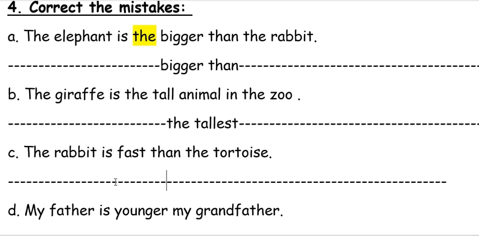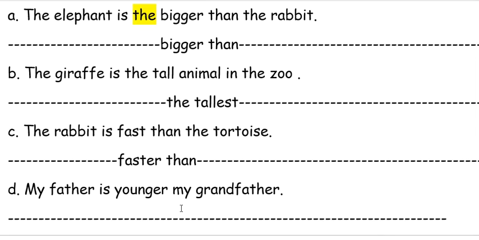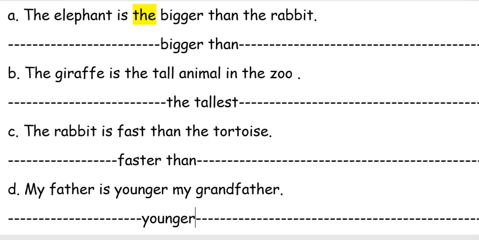No, I say the rabbit is faster than the tortoise. And then my father is younger. My grandfather. My father is younger than my grandfather. So I say younger than.